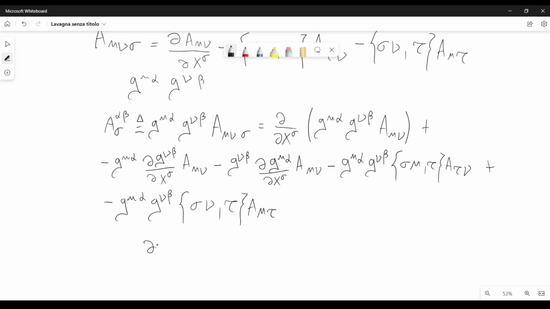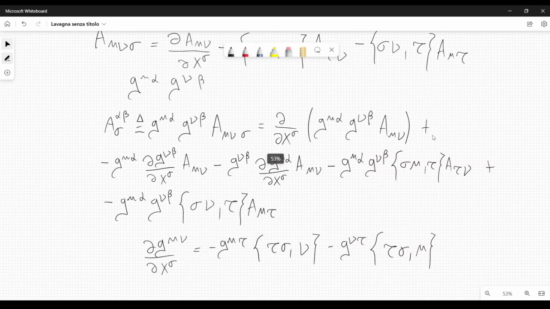In particular, we are going to consider ∂g^{μν}/∂x^σ equal to minus g^{μτ} Γ^ν_{τσ} minus g^{ντ} Γ^μ_{τσ}.